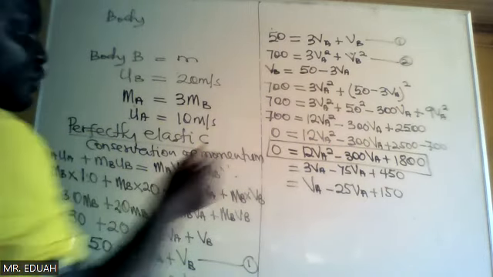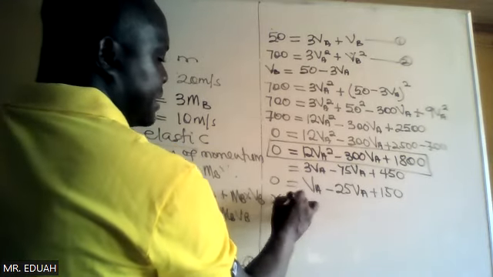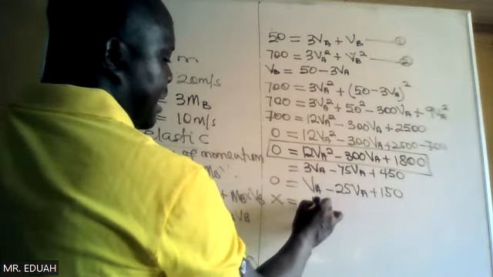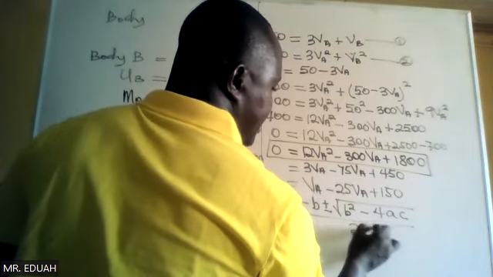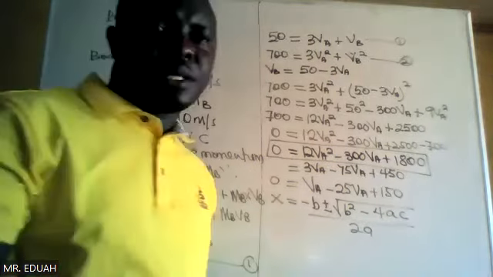So if you have done that, then you use the almighty formula. X is equal to negative b plus or minus the square root of b squared minus 4ac, all divided by 2a.